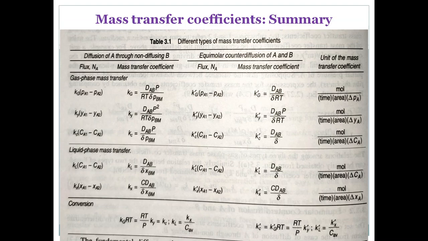There are other, more complex equations too, but people use such correlations with dimensionless numbers. Today we'll talk about the dimensionless numbers and how, using them, we can calculate the mass transfer coefficient.